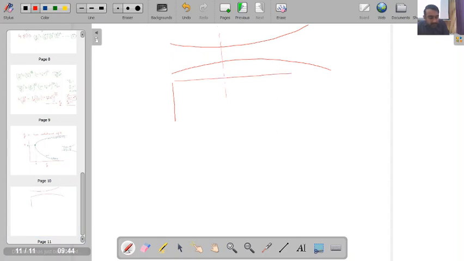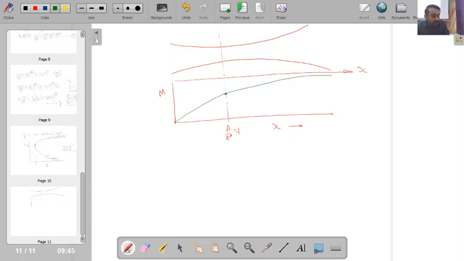This is the direction of increasing X. Now here if I plot Mach number as a function of X, I will be finding that corresponding to A by A star equal to 1, my Mach number is 1. Below this my Mach number will be less than 1, and above this my Mach number will keep on increasing. So this is the variation of Mach number.